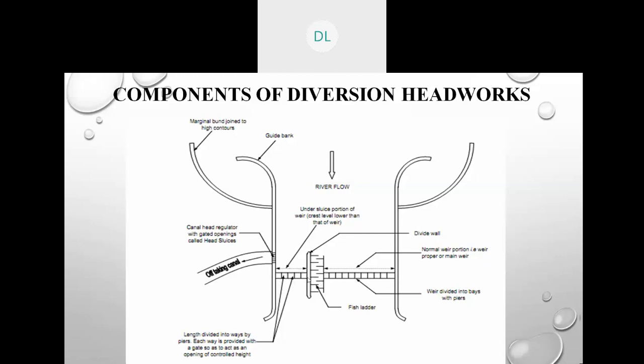You could assume the total dimension of this structure, something like 800 meters from this end to this end. This is not 100 meter or 50 meter. Our civil engineering department is hardly 200 meters, maybe not even 200. So this length is like, if you place 7 civil and mechanical engineering departments together, then this could be constructed. And the cost of these departments was about 30 crores. So you could assume the total construction cost.